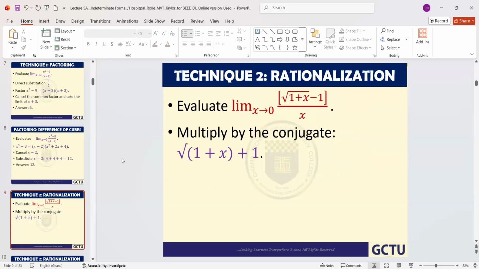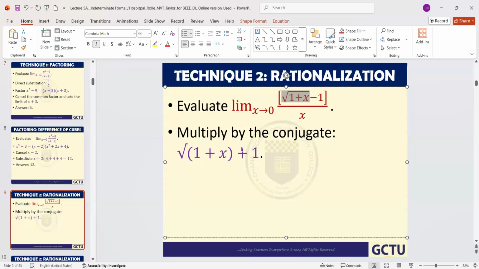And then there is also a second type of technique that we call rationalization. Now, rationalization, I hope you haven't forgotten complex numbers. We learned that method in complex numbers. When you are given a problem and the numerator seems to have square root signs in there, then the method to use is to rationalize.